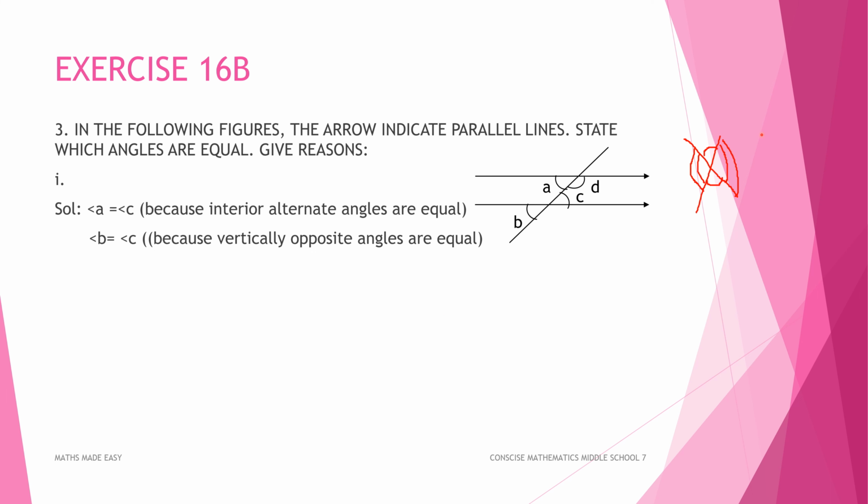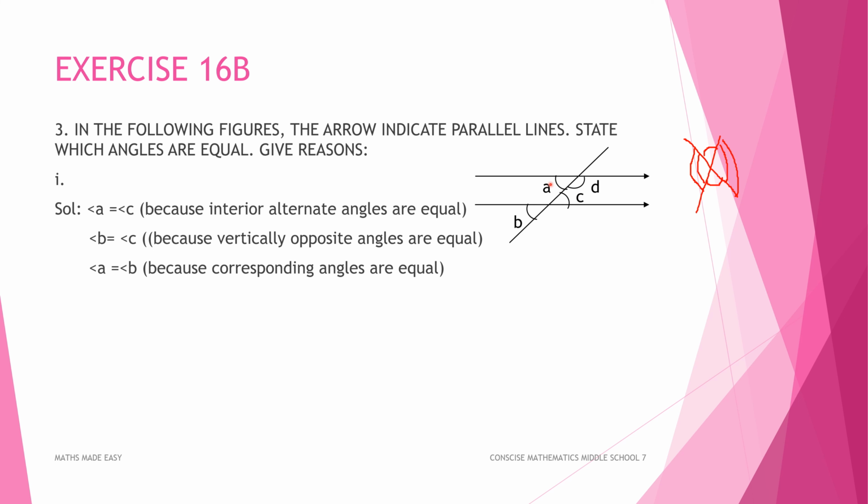That means these two angles are vertically opposite to each other and these two angles are vertically opposite to each other. And these vertically opposite angles are formed when two lines intersect at a point. See here, this line and this line are intersecting at a point. So angle B and angle C are vertically opposite angles.